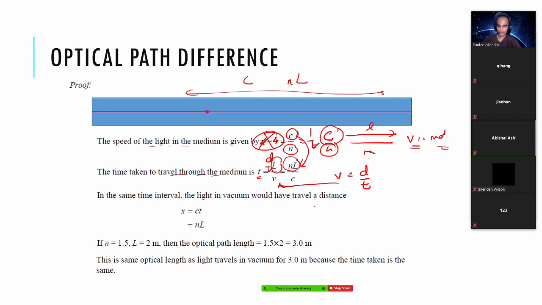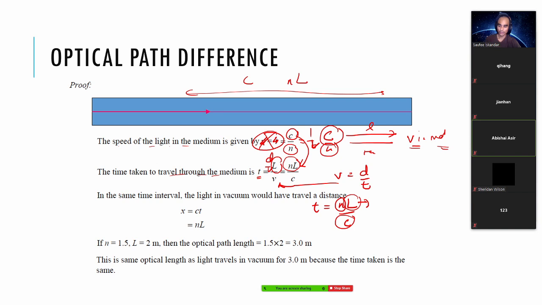So t equals nL over c, where n is the refractive index, L is how long the medium is, and c is the speed of light.